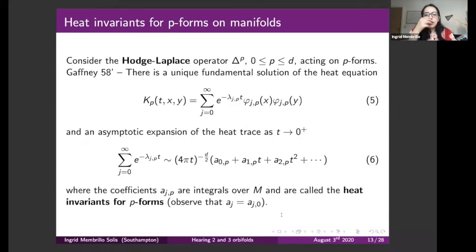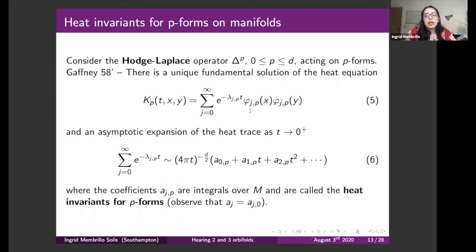Okay, so these results are well known, and indeed we can think not just about the Laplacian acting on functions, but also about the Hodge-Laplace operator acting on the space of p-forms. So Gaffney in '58 showed that there is a unique fundamental solution of the heat equation given by this expression.